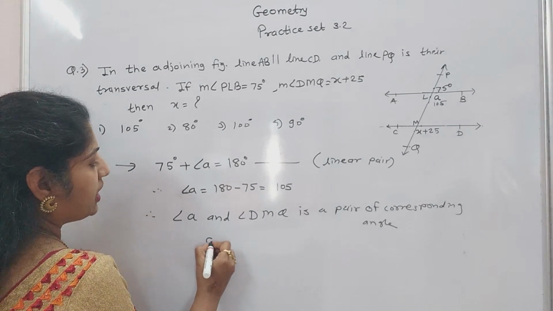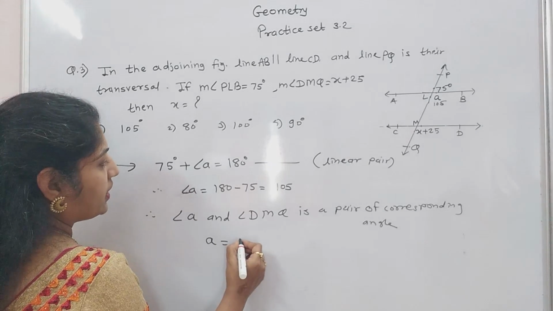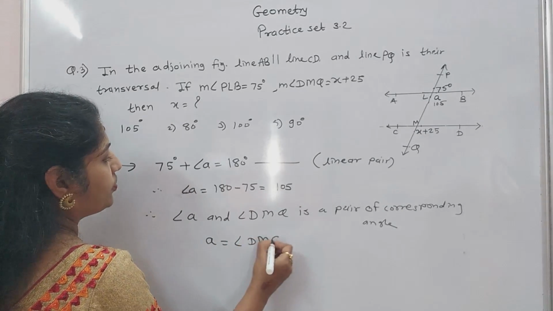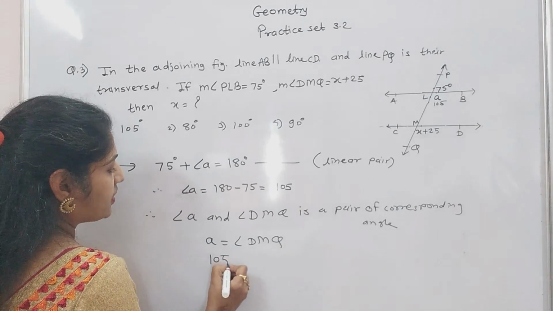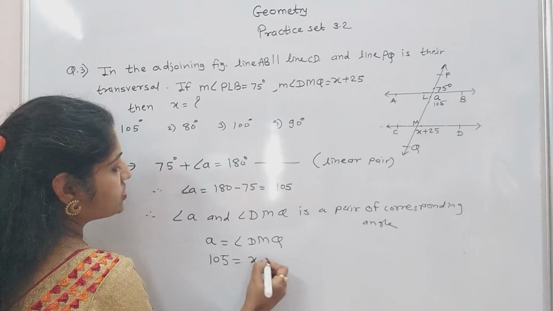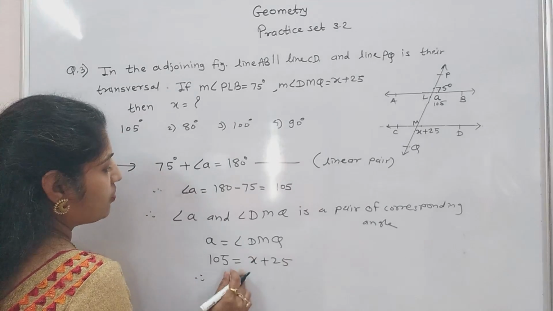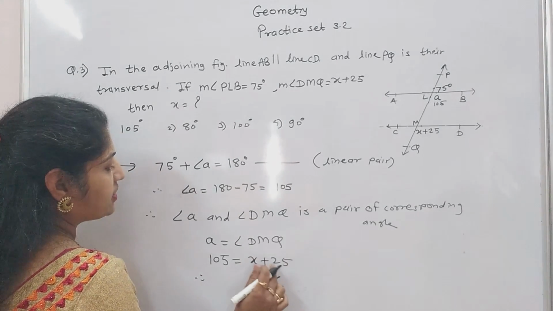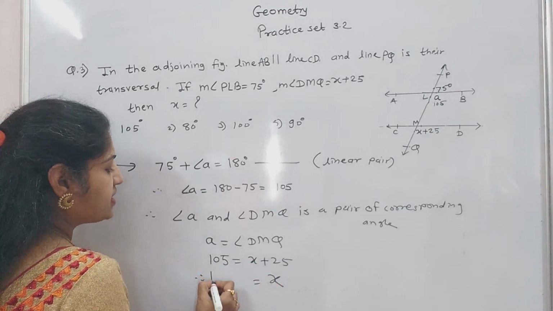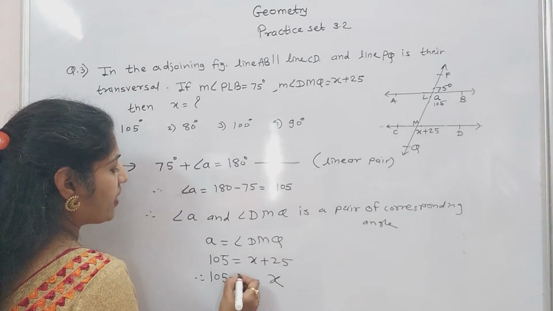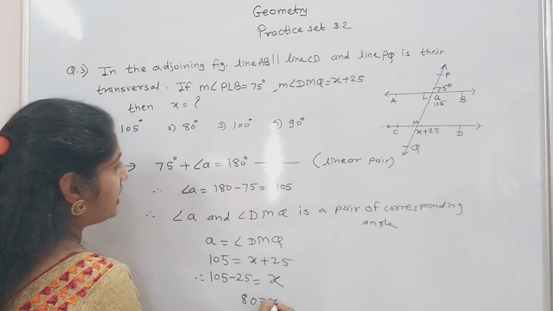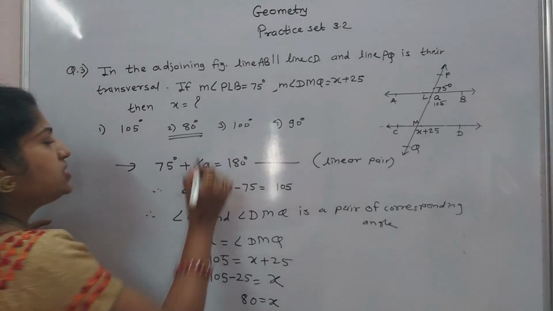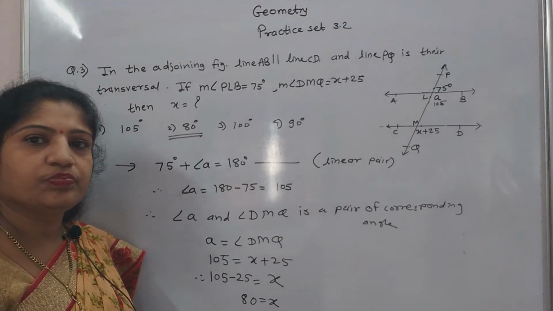So A equal to angle DMQ, put the value A equal to 105 equal to DMQ, x plus 25. Now we have to find the value of x. Plus 25 goes to left hand side, 105 minus 25, that is 80. X equal to 80. Answer is option number 2.